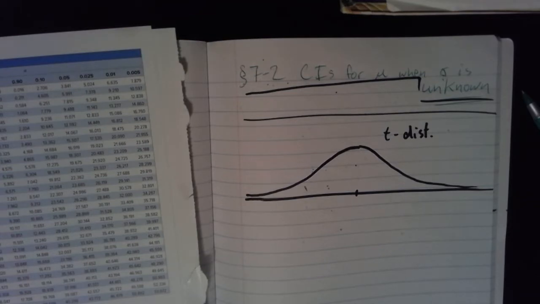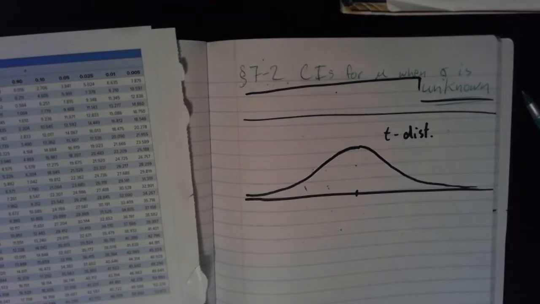The T distribution is slightly different from the Z distribution in the following ways. The variance is greater than 1, right? So what that means to us for our particular values is that the values are going to be slightly different. Okay, and then what else?